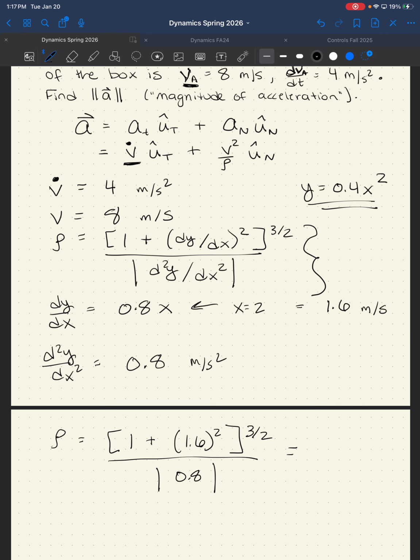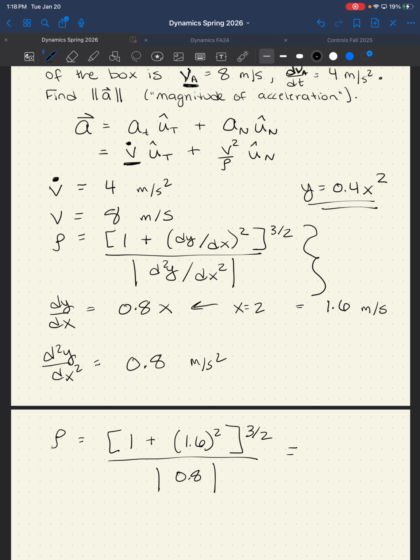And we're given a car with an initial velocity of 30 meters per second, or sorry, that's not velocity, that's speed. An initial speed of 30 meters per second at A applies the brakes such that the acceleration in the tangential direction is minus 1/8 t meters per second squared.